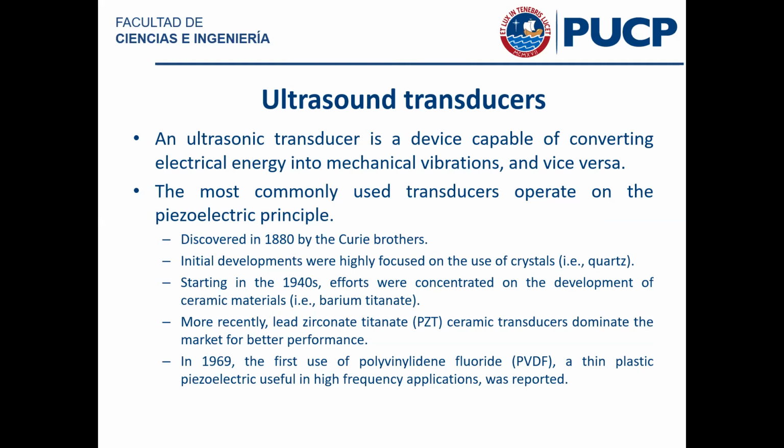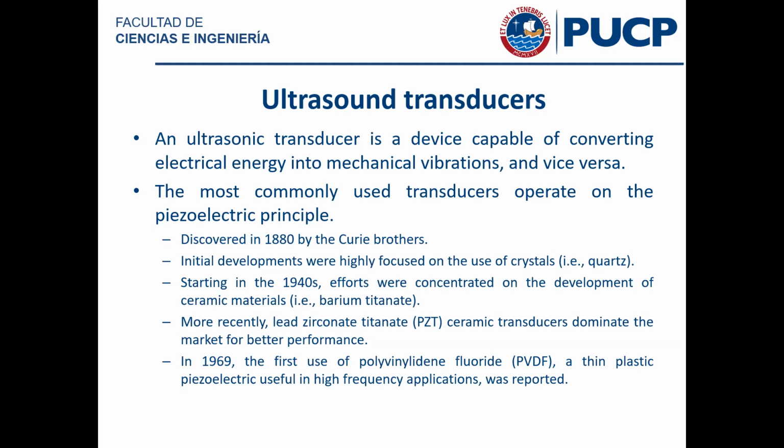The first materials were basically crystals, which are okay, but there's only so much you can do with crystals, in the way that you can machine them and cut them.